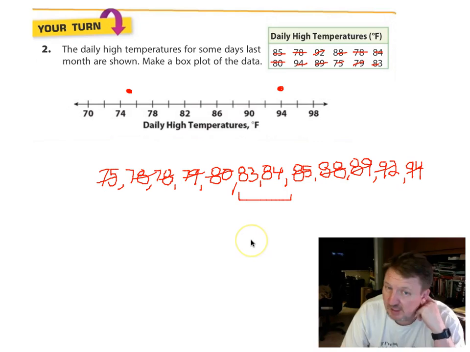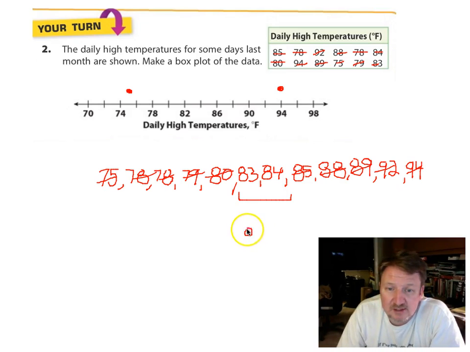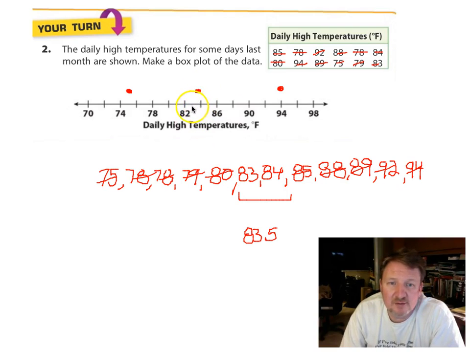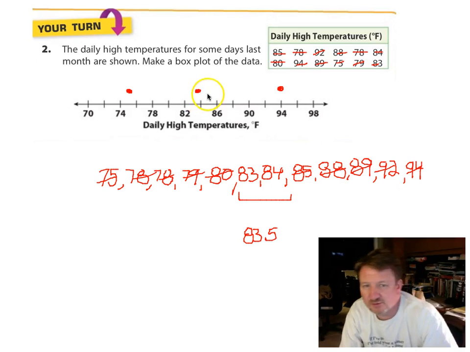So the average between 83 and 84 is 83.5. So 83.5 is going to be about right there. Not quite on this line, but between, about 3/4 of the way through.